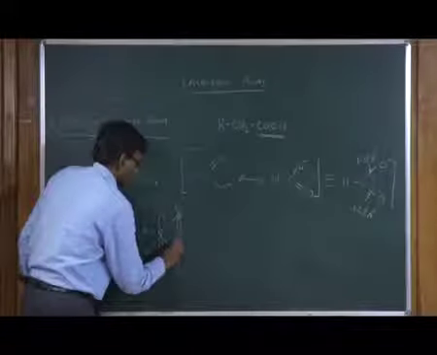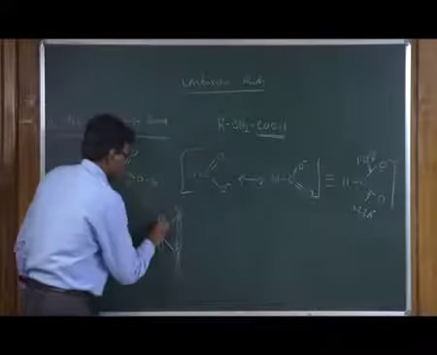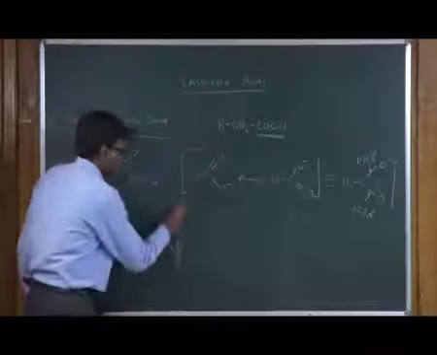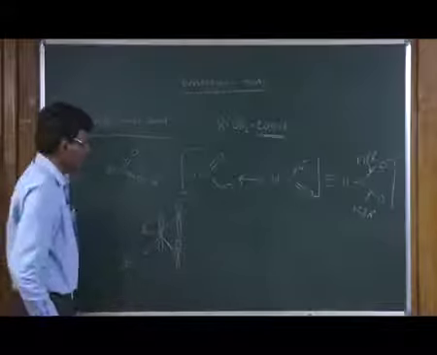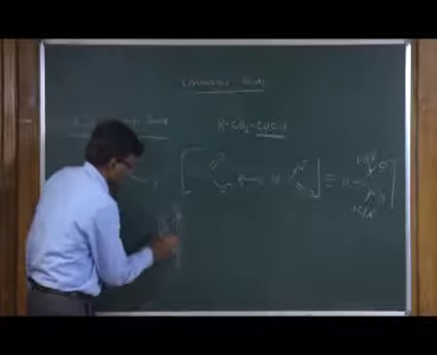This unutilized p orbital of this oxygen overlaps with the p orbital of this carbon and the p orbital of this oxygen, and makes a delocalized molecular orbital, as you can see here.